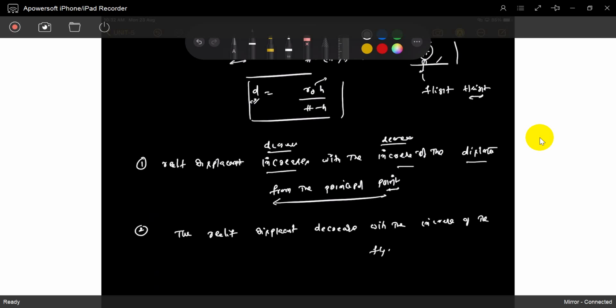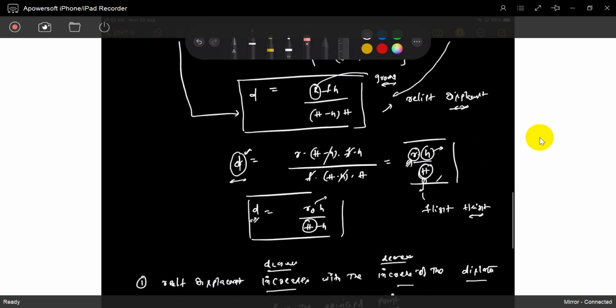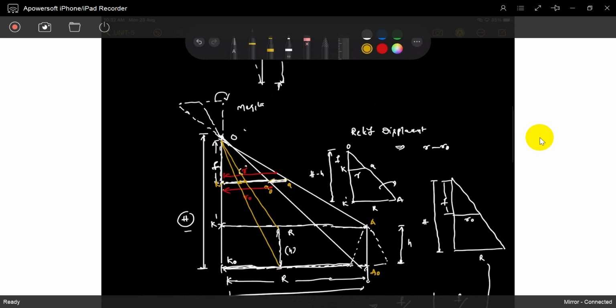See, flying height H. If you observe the points from H, otherwise if the flying height is increasing somewhere, and you capture like this, the distance is small compared with this point.